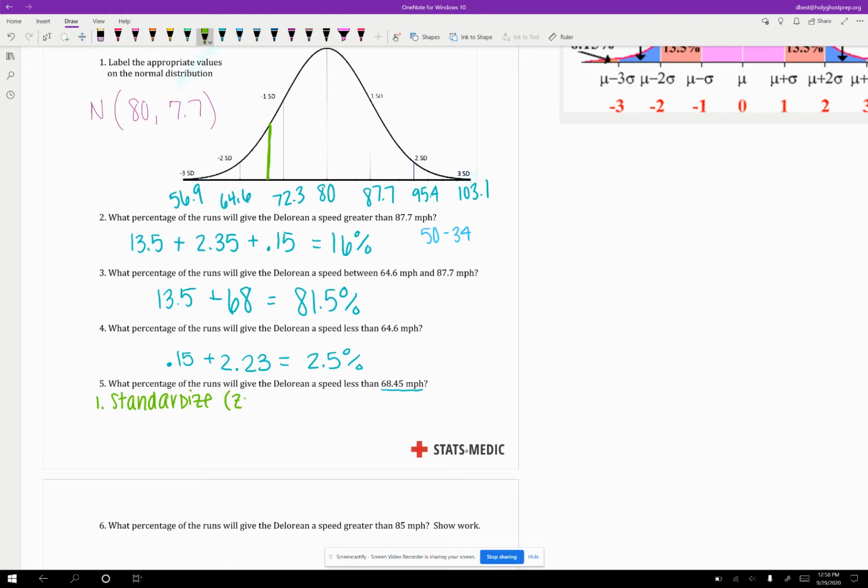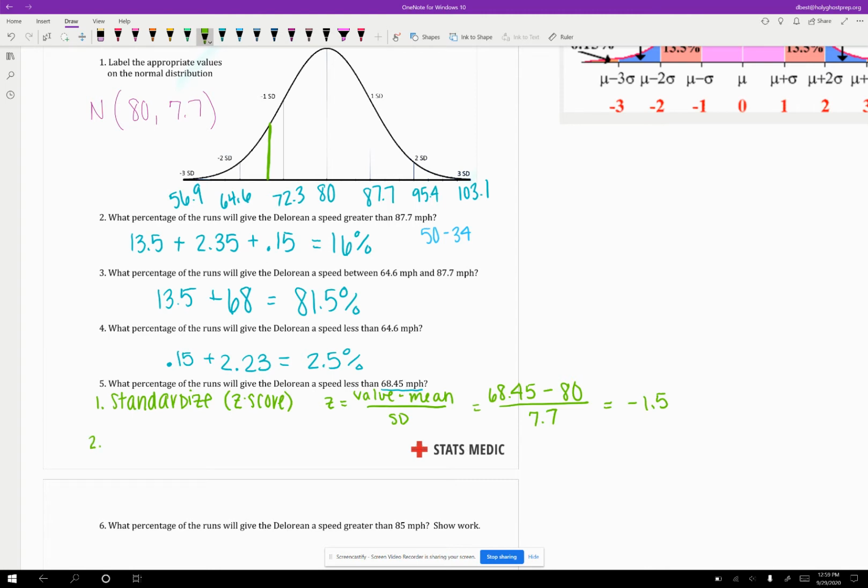So our first step is going to be finding for z, which is, remember, our value minus the mean all over the standard deviation, which in this case would be 68.45 minus my mean of 80 divided by my standard deviation of 7.7. And this gets me a z-score of negative 1.5.